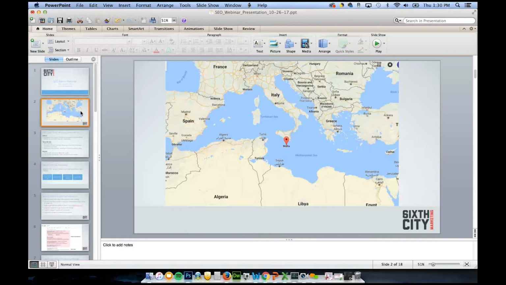Their target geographic area before working with us was Cleveland. And now that they've invested in search engine optimization, and have had some extensive content changes and website changes, they're not getting business from just Cleveland, Ohio, they're getting business from all over the globe.